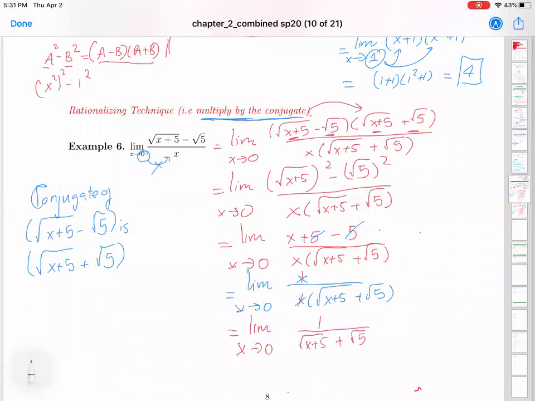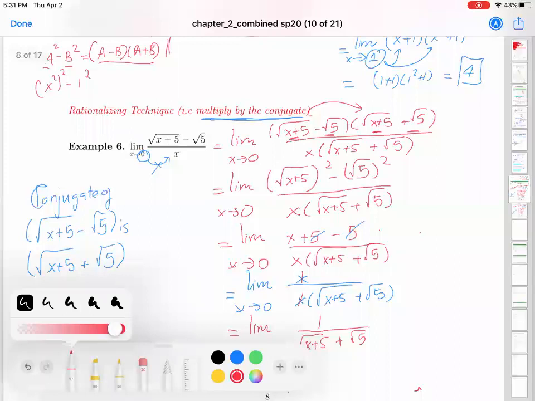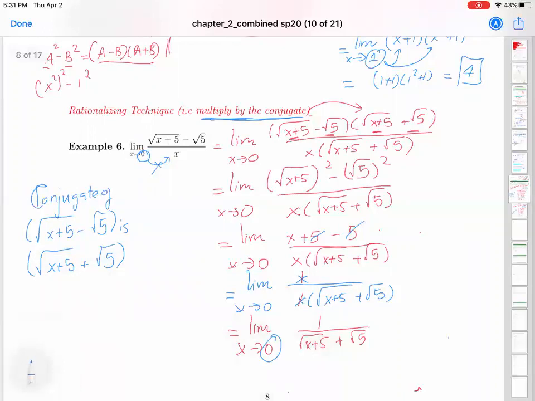At this point, you want to see if you can actually plug 0 into x to find the limit. You can, because it's not going to make the denominator equal to 0. So the last step is just plug 0 into x. You get square root of 5 plus square root of 5, right?